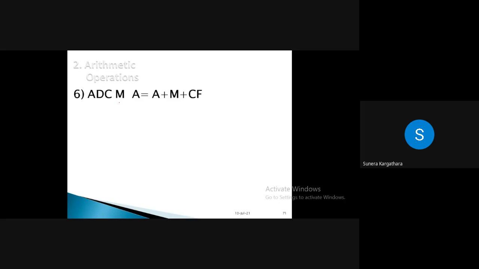Okay. Now in the same way, in case of ADDM, you are not considering carry; in case of ADCM, you are adding the memory location's content with the accumulator by considering the carry flag. Here the addressing mode will be memory indirect.